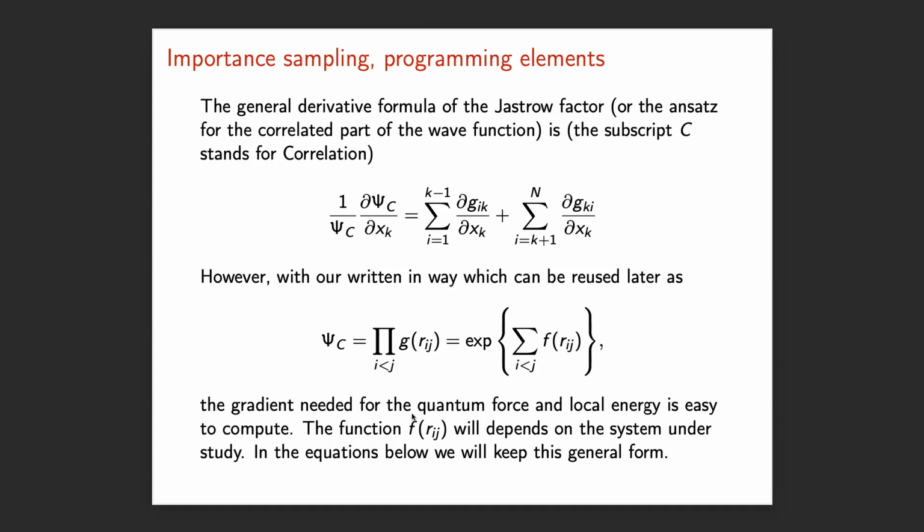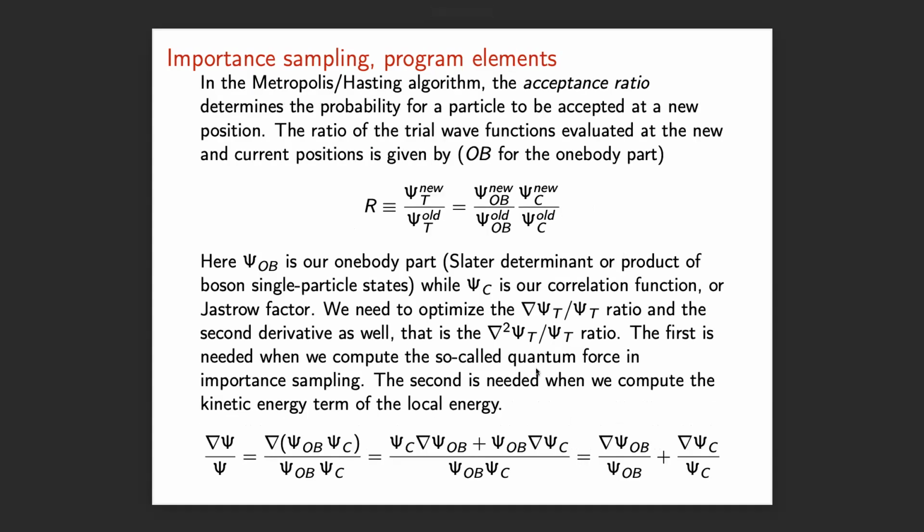So that means that when you look at this quantity, which is a standard way to represent this Jastrow factor, we need these quantities in many places. One place where we need it is when we take the ratios of the Metropolis test, and then we have the one body part, which is easy.